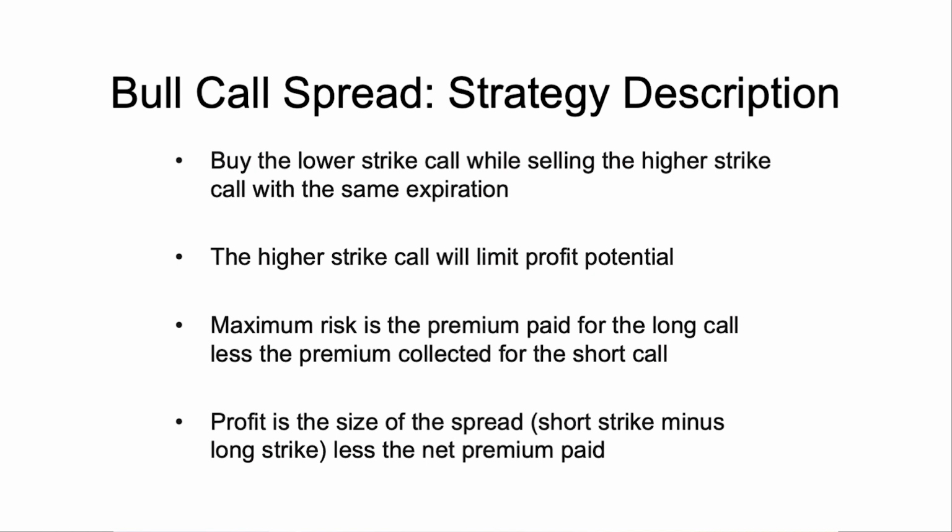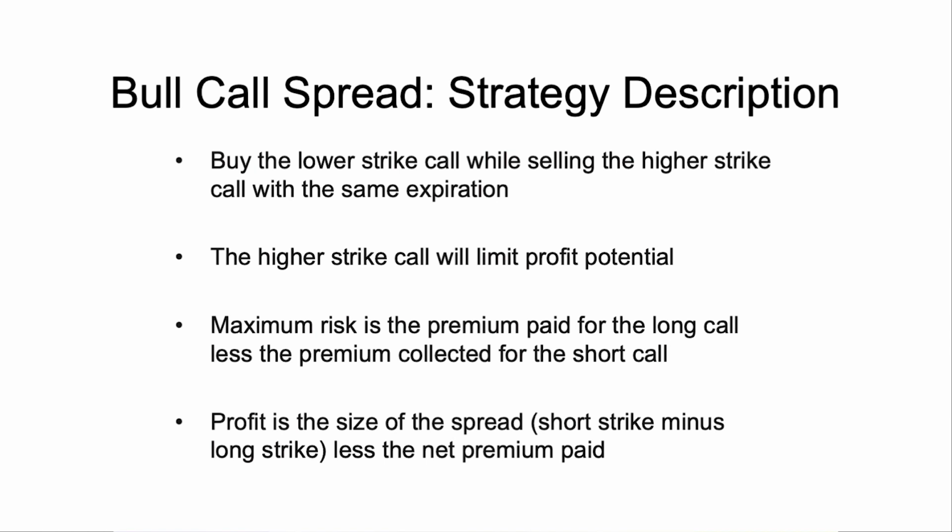This is a defined risk, defined reward strategy, which means we have a limit on both our risk and our reward. Simply, what we're going to do is buy a call with a lower strike while simultaneously selling a call with a higher strike. It's important to note that both calls will have the same expiration.